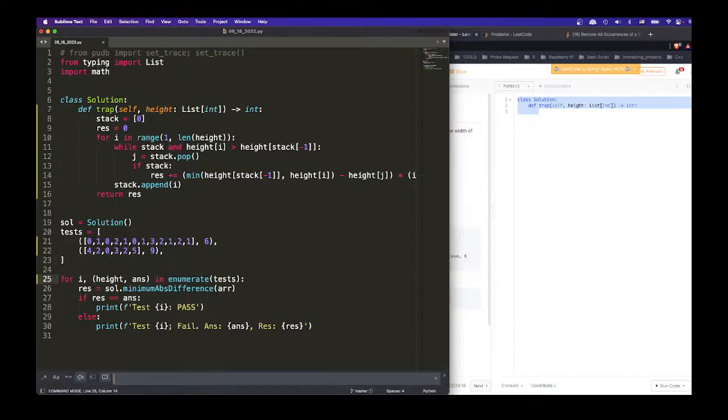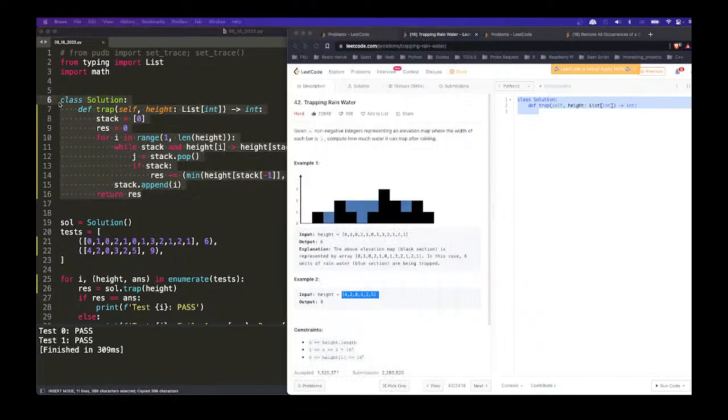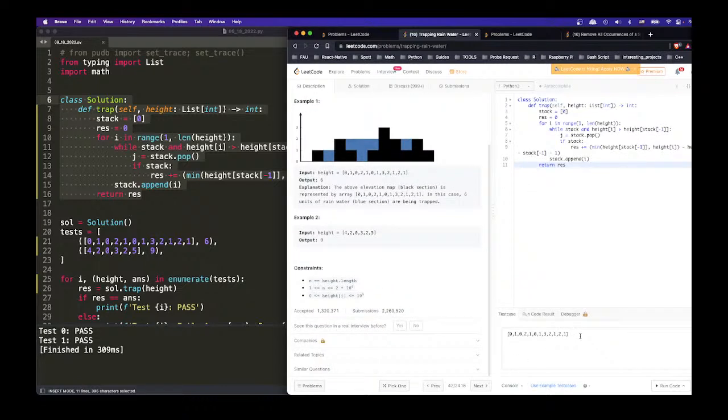Height. Okay, looks good. Let's do some random testing. Okay, quite random testing.